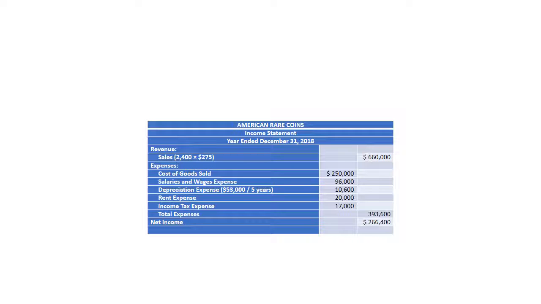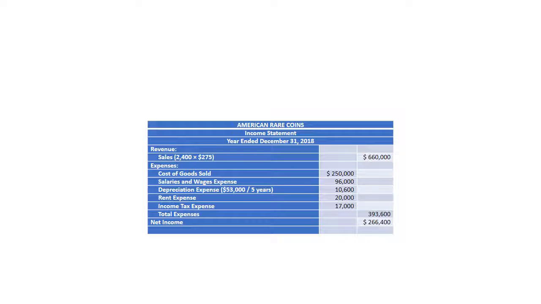And then the final expense is in H. ARC uses straight line depreciation over 5 years. So the store fixtures, $53,000 divided by 5 years, would give us depreciation expense. So that's where the various items come from.